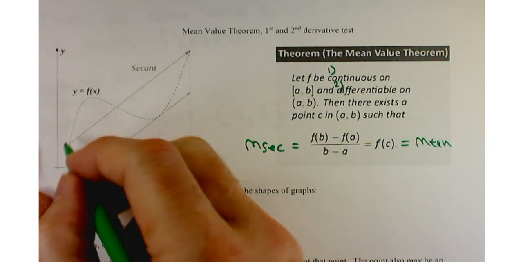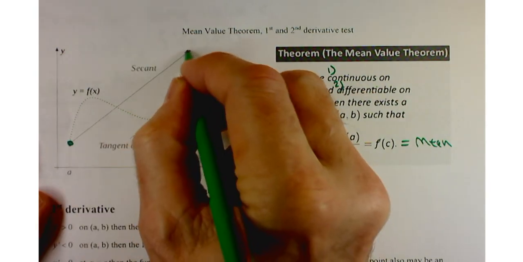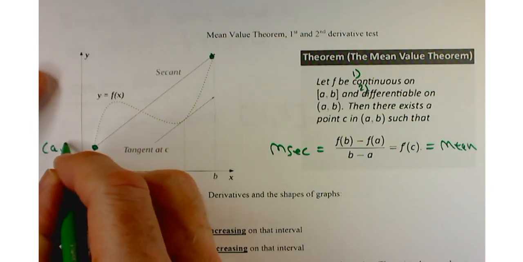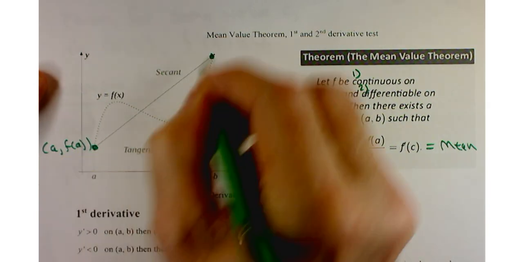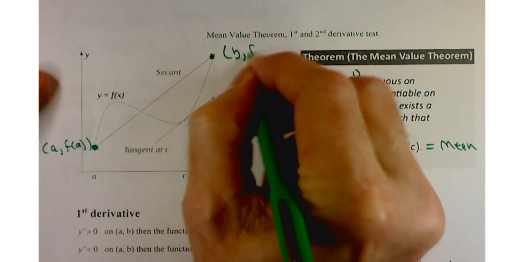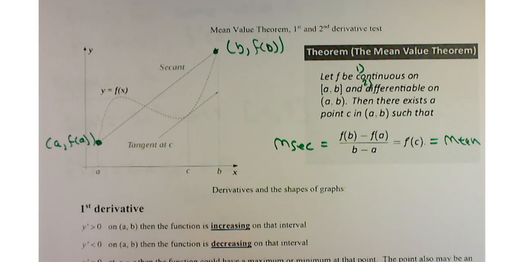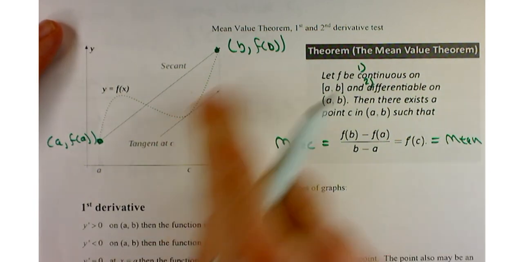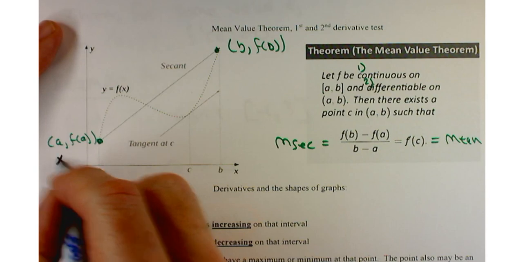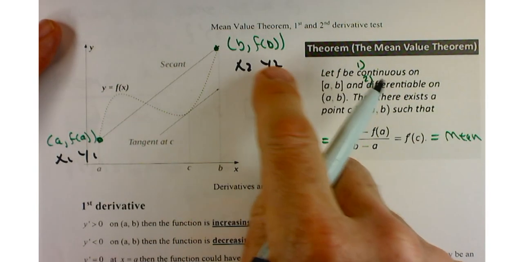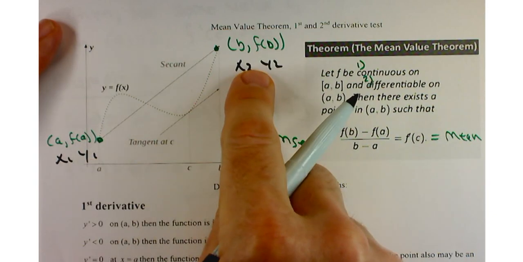So here's your slope of the secant line. And if we plug in some points, it would look like this. A and f of a, b and f of b. If you treat these like a regular set of points, then we can find the slope of a line between these. It's going to be your x1, y1, x2, y2: y2 minus y1 over x2 minus x1.